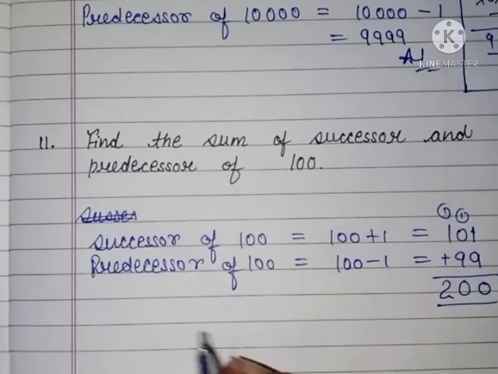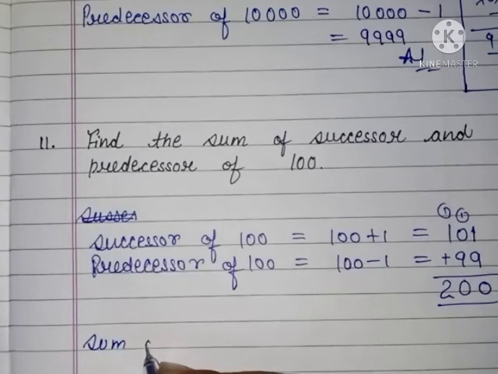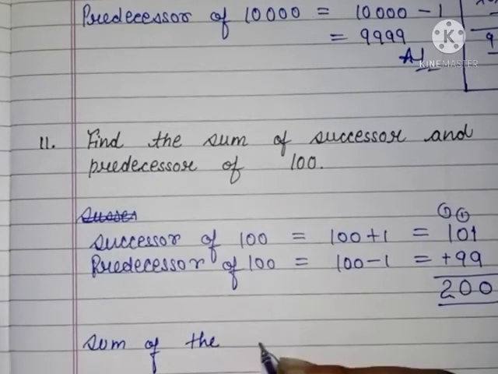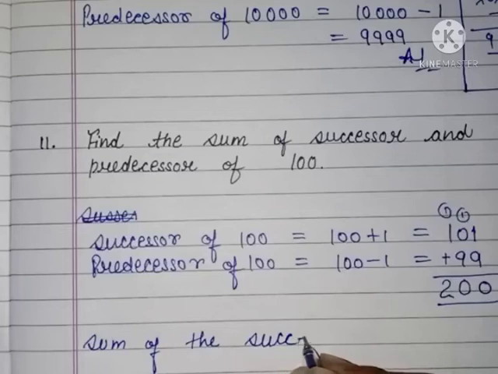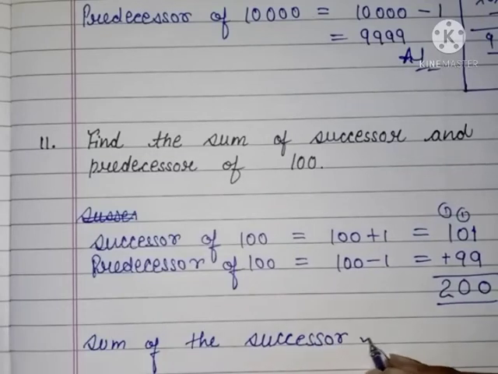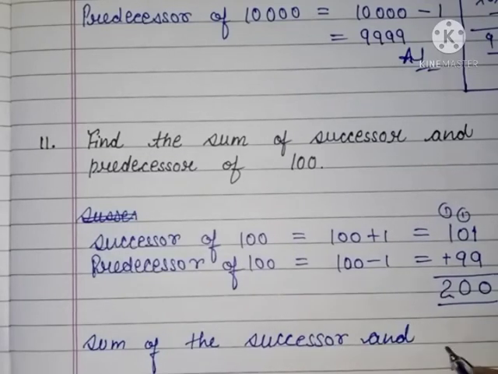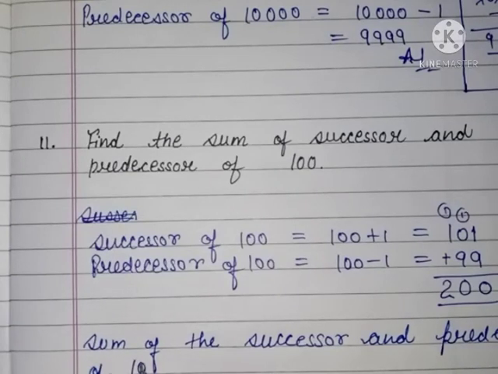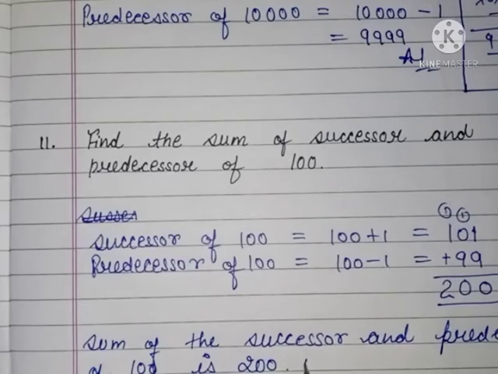This is 200. So the sum of the successor and predecessor of 100 is 200. This is your answer.